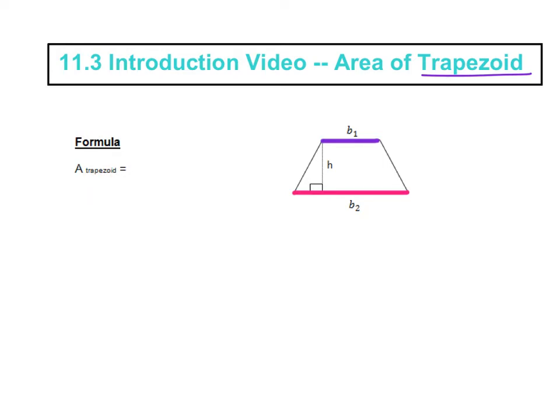The area of a trapezoid formula is 1/2 times the height, and then in parentheses, the sum of the bases, B1 plus B2. So that's how we're finding the area of a trapezoid.